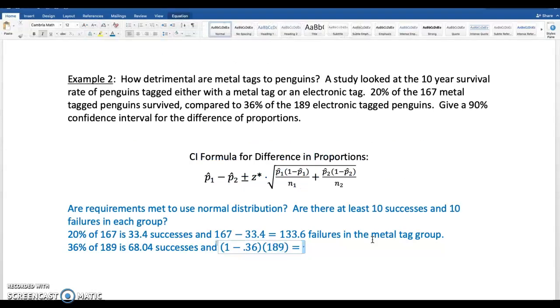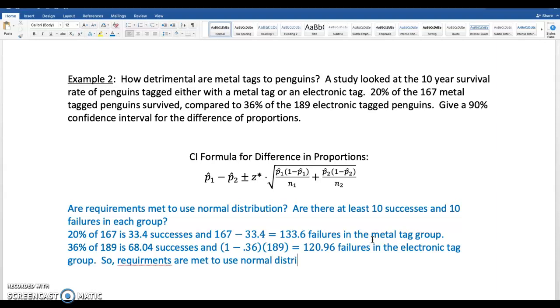If you multiply those two together, you're going to get 120.96 failures in the electronic tag group. So the requirements are met to use the normal distribution. We want to make sure we have at least 10 successes and 10 failures.